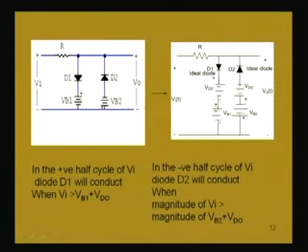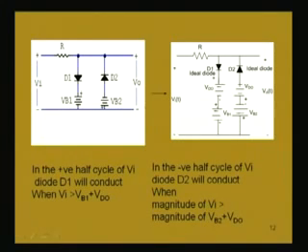So, when it will conduct depends on the polarity and the magnitude of the input voltage. In the positive half cycle of the input voltage, when this point is at a positive potential relative to this point, diode D1 will be conducting when this point P is at a higher potential than this point N. Now, what is the potential of this point N?